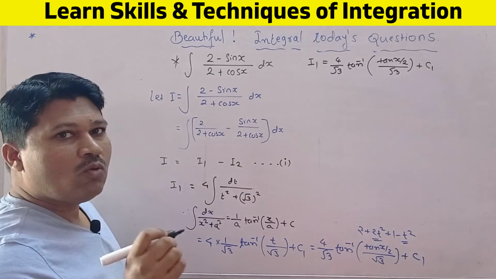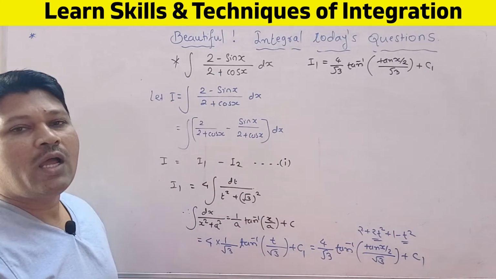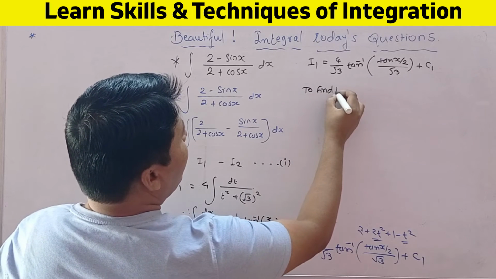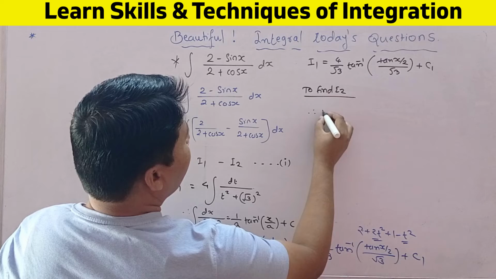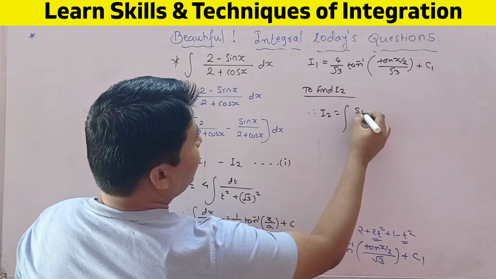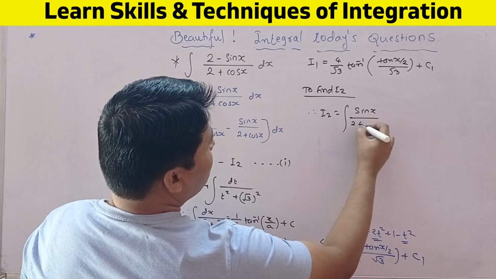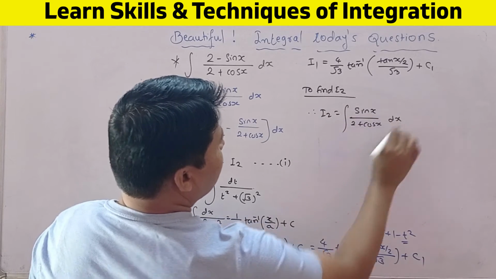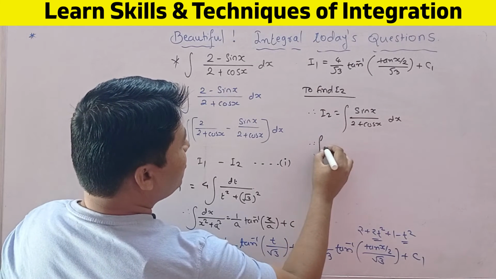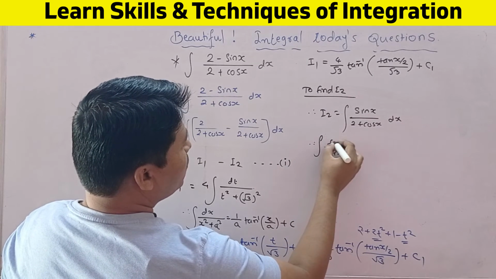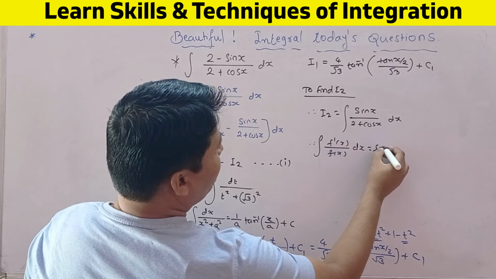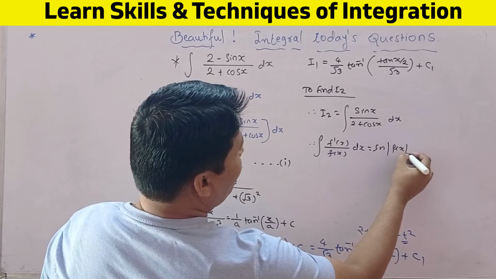Now we can find the I2 value. I2 is equal to the integration of sin x upon (2 plus cos x) dx. We know the related formula: for the integral of f dash x upon f of x, that is, when the derivative is present in the numerator, we get ln of f of x plus c.